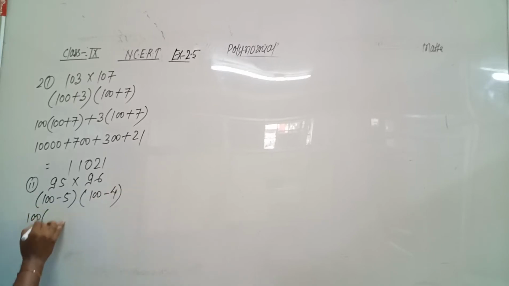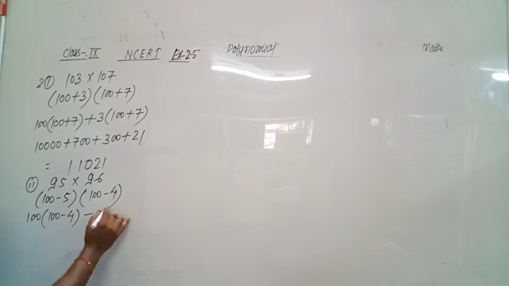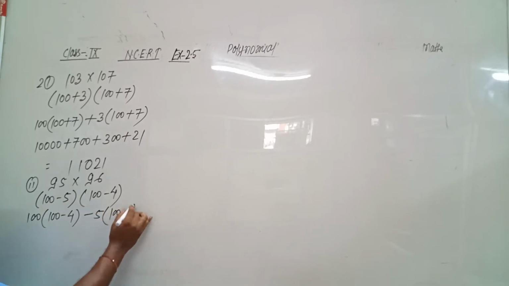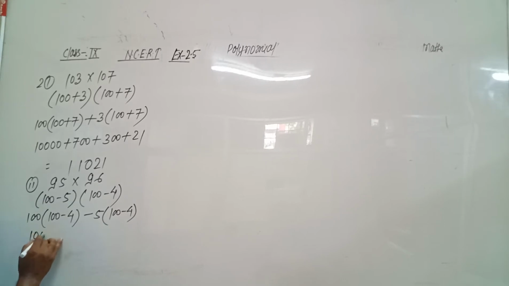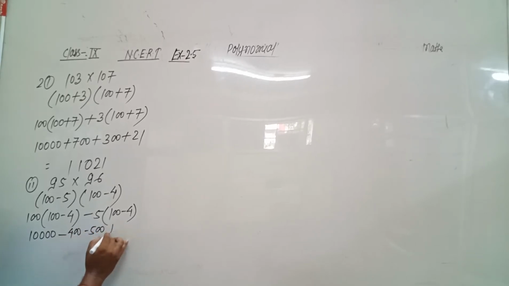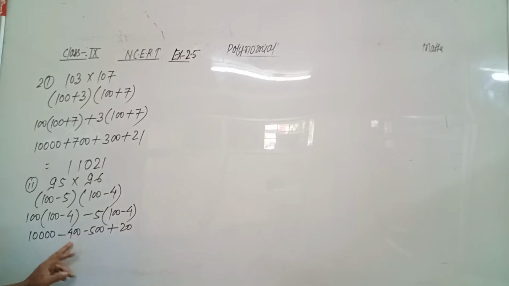Then the second term of the first bracket with the second bracket as it is. 100 into 100, 10000, minus 400, minus 500 and minus minus plus 20. So we get minus 400, minus 500, this is minus 900. So 10000 minus 900 is 9100 and plus 20. So we get 9120.